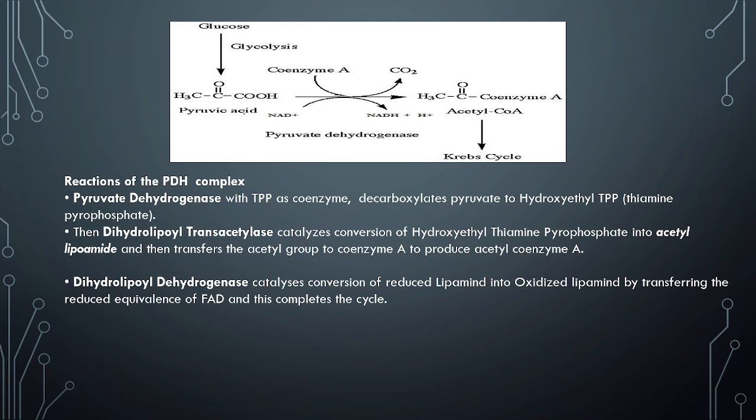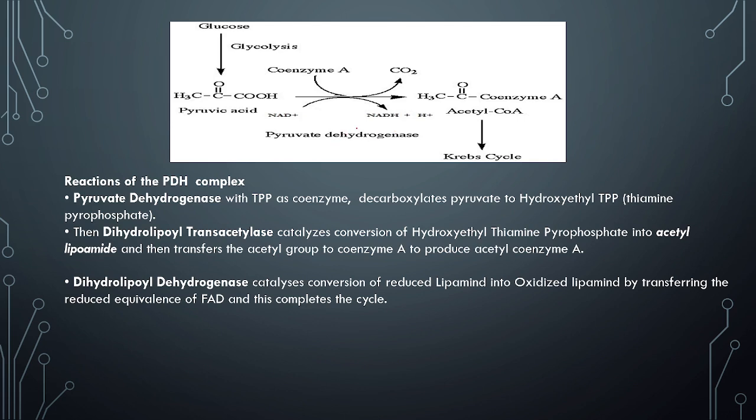This pyruvic acid undergoes decarboxylation, removal of one carbon dioxide molecule and removal of two electrons or two hydrogens, and adding these electrons or hydrogens to NAD plus forms NADH.